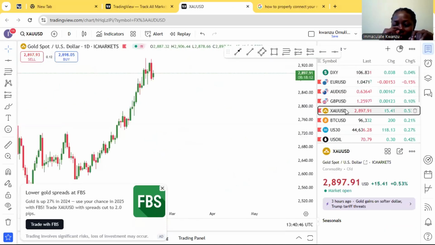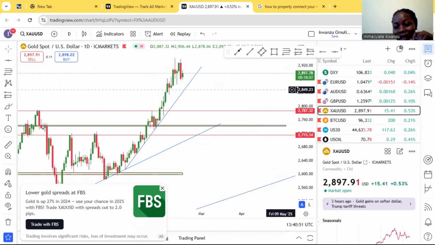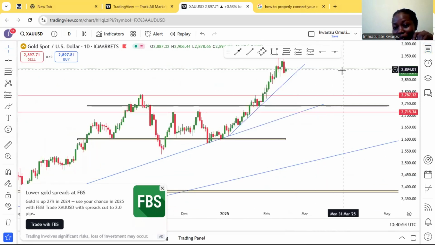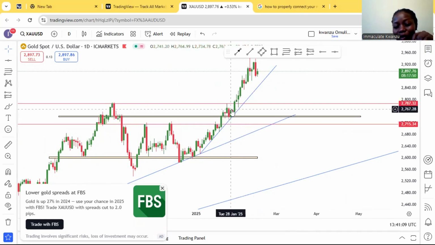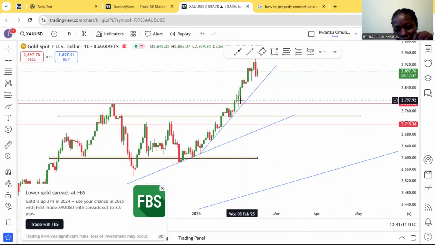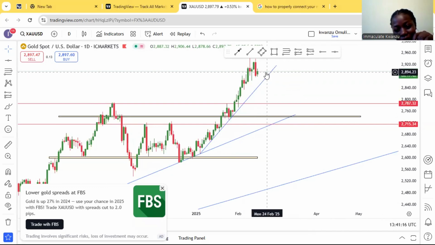Next, gold. Guys, gold has been bullish for quite a while, trending perfectly, and I'm sure people have made quite a lot of money with gold. But I'm starting to think we're approaching exhaustion. So as swing traders, if you are in a trade and you've been holding, hold cautiously. But if you're not yet in the gold trade, just stay watching.